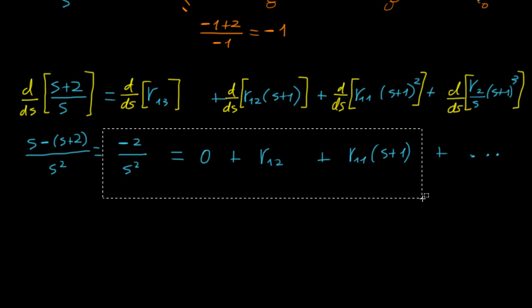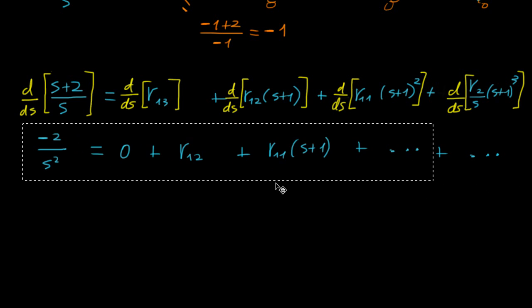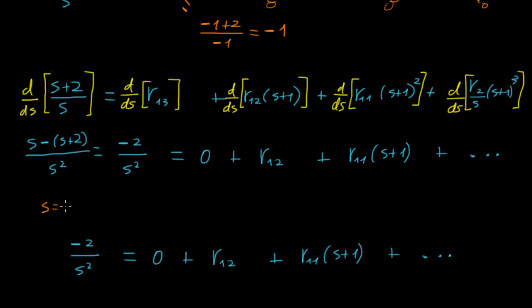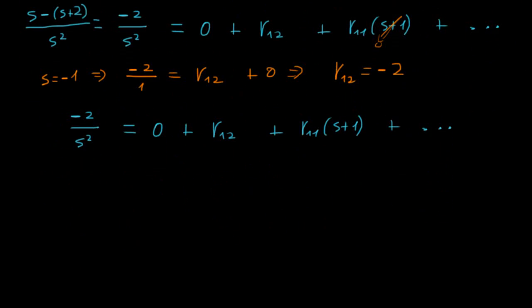We save a copy of this, and then we apply the condition s is equal to -1, and therefore we have -2 over (-1) squared, which is -2, equal to r12 plus this is 0, so r12 is equal to -2. So as you can see, it's a lot easier with numbers.